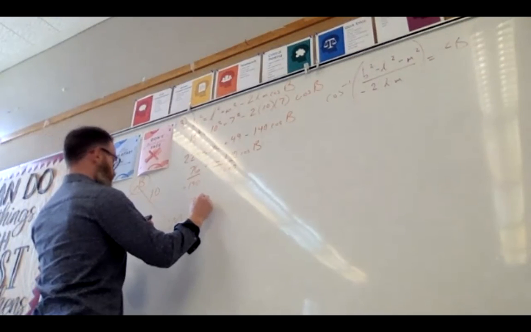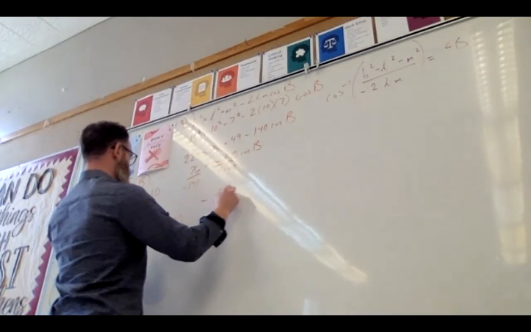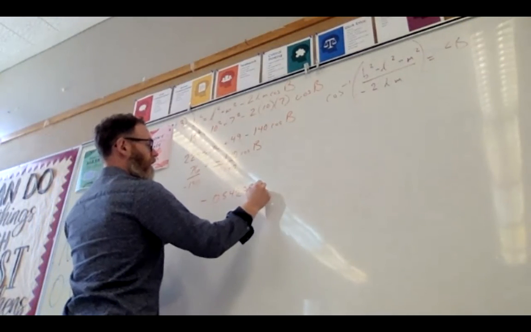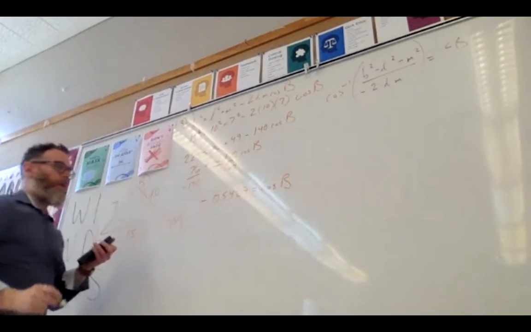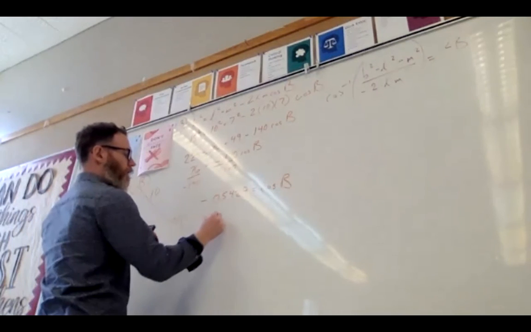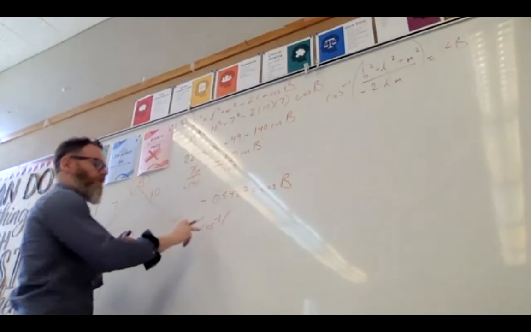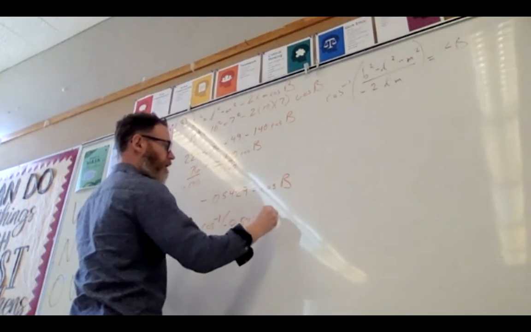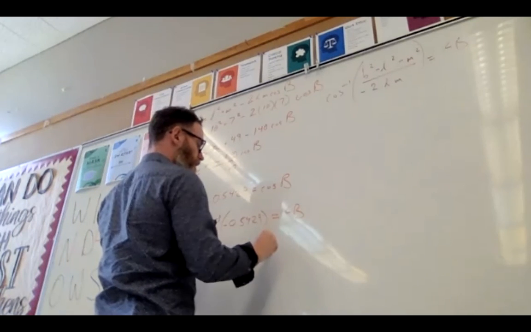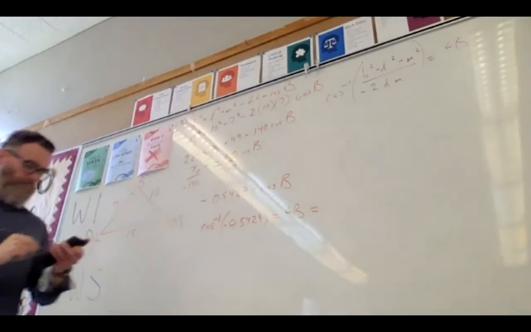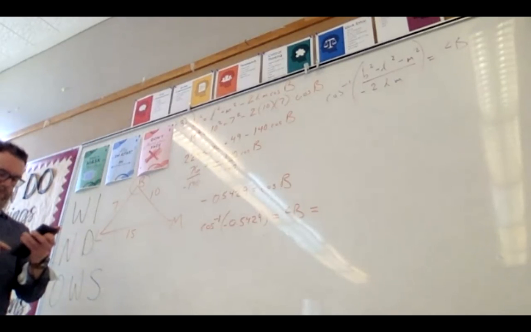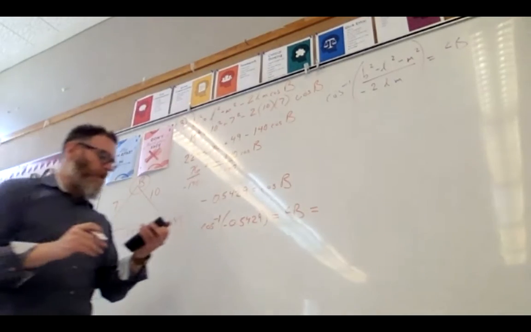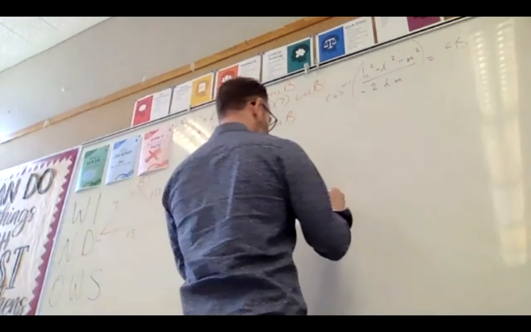So it's negative 0.5429 equals cos of B. So the inverse cos, which is cos to the negative 1, of negative 0.5429 equals angle B. 122.9 degrees, 123 degrees.